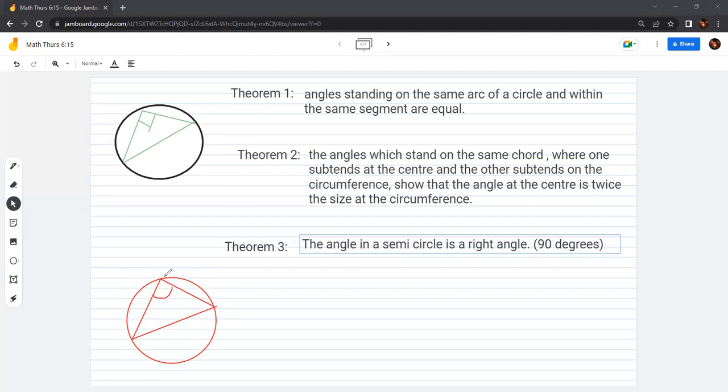They told me this is A, this is B, and let's say this here is 37 degrees. So let's say they asked us to find A and B. Let's try this one and give me your answers in the chat.